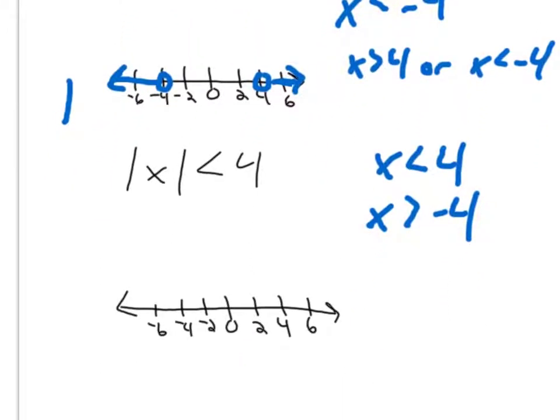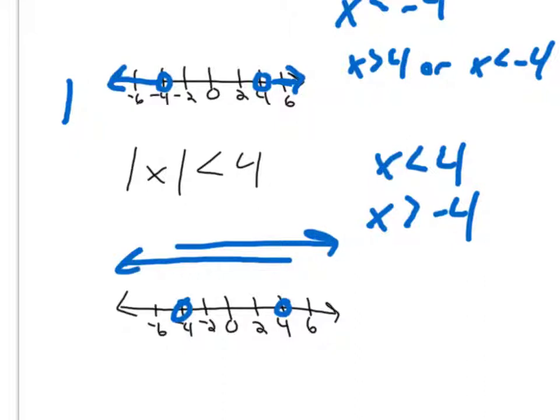Let's see what that does to our graph here. Well, I've got a dot at 4 and a dot at negative 4. And if x is less than 4, that goes this way. And if x is greater than negative 4, that goes this way. So that means the shading is going to meet right here in the middle. And graphs with shading in the middle are and inequalities.